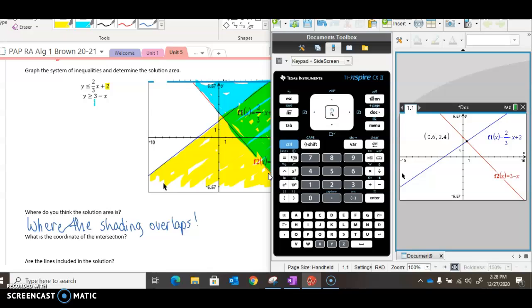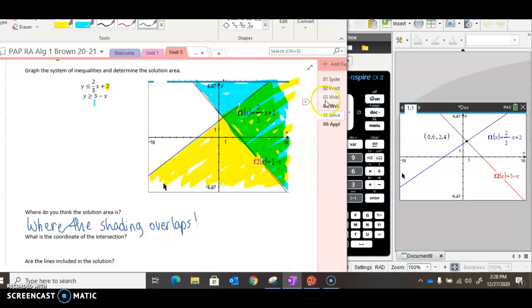So the coordinate of the intersection is at 0.6 and at 2.4.